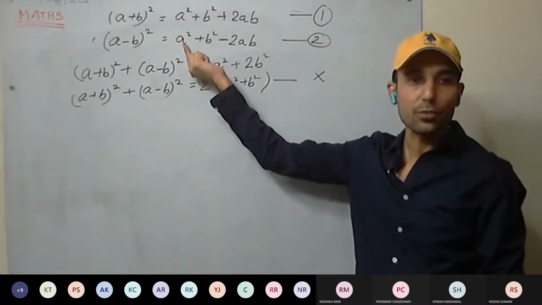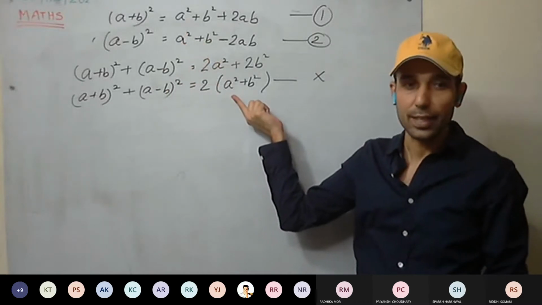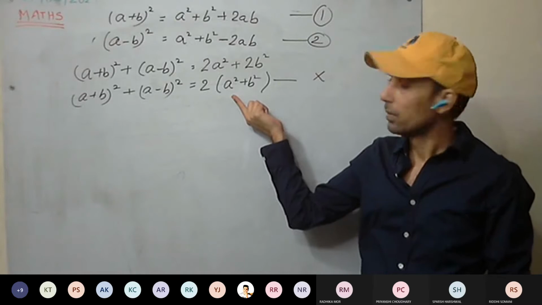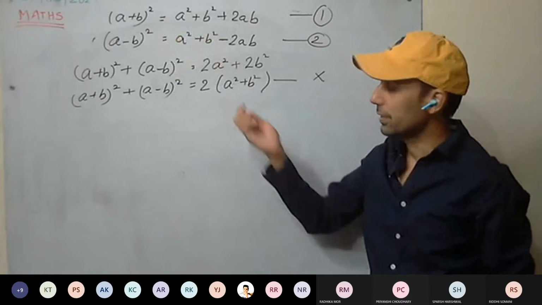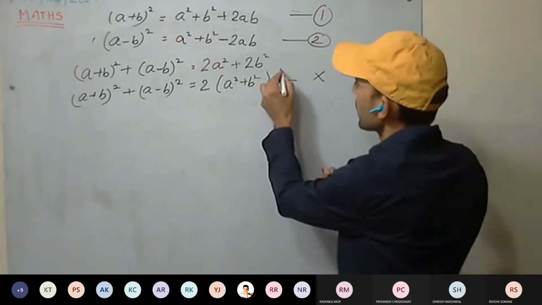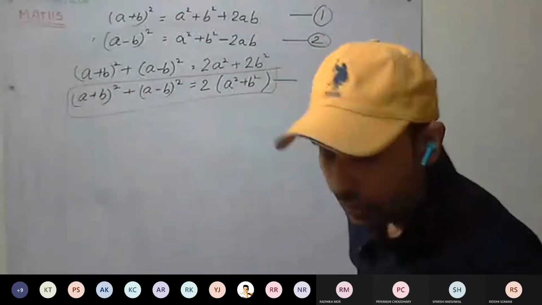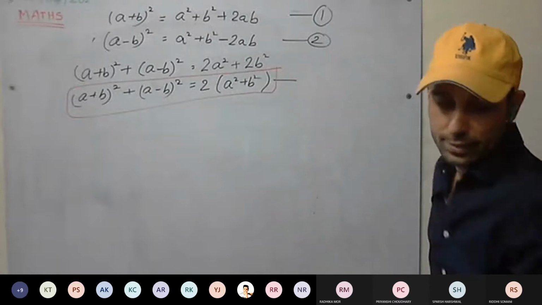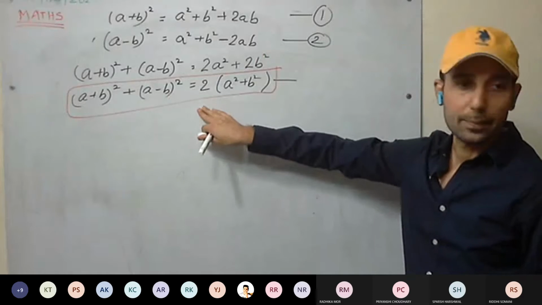If you remember these two identities, you may come to remember this identity as well with time. Or else you can derive this identity. Just add them, you get this one. So this is our third identity. No need to remember this identity, because if you remember these two, you can easily get it.